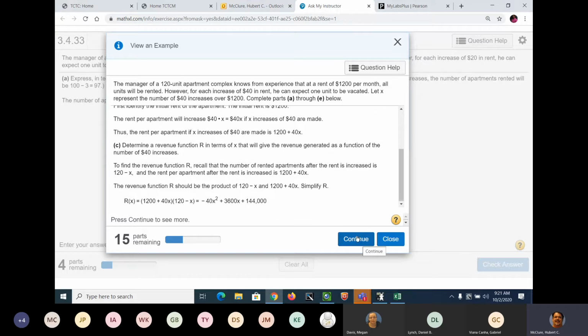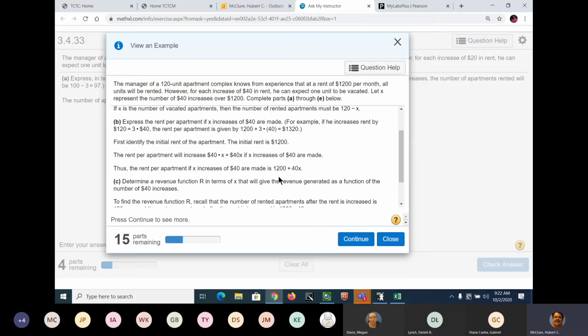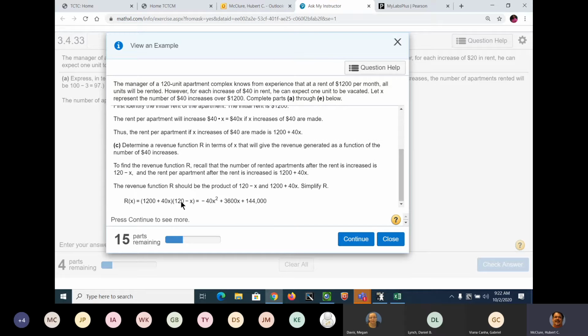My gosh. I'd rather be at a dentist appointment than do this problem. That's what they're doing. So instead of doing all that, this is what you need to do. You need to say, okay, 120 minus X, that's understandable.